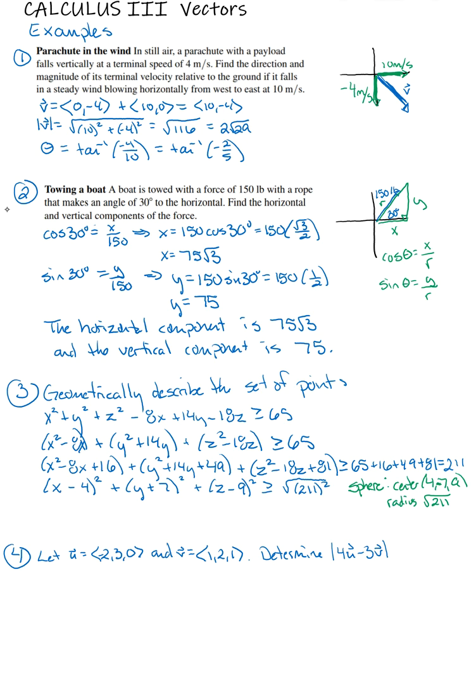So, how do we describe this? Now, I do want to point out that this is greater than or equal to. So, equation of a sphere usually just has an equal to. What does it mean if it's greater than or equal to?